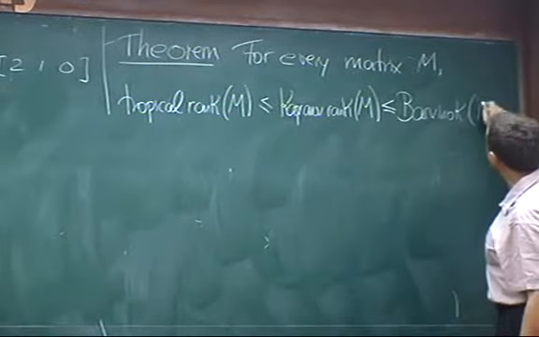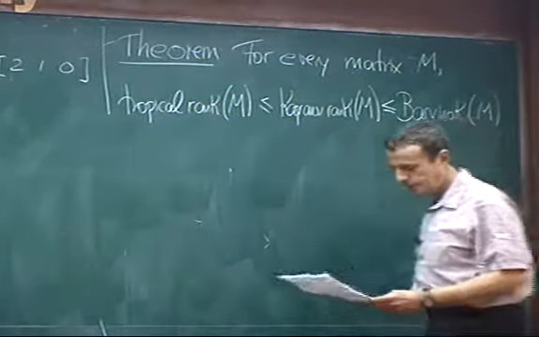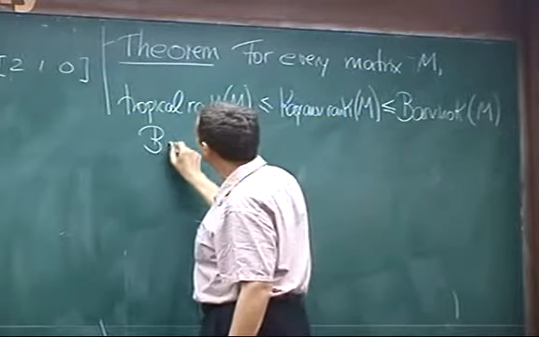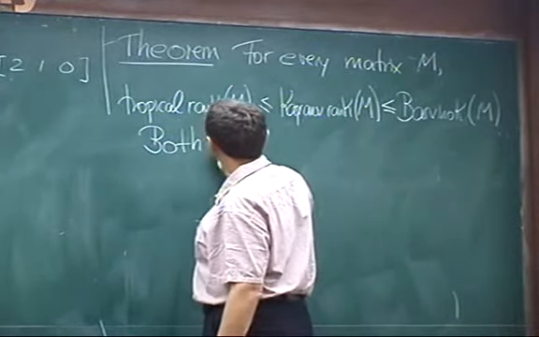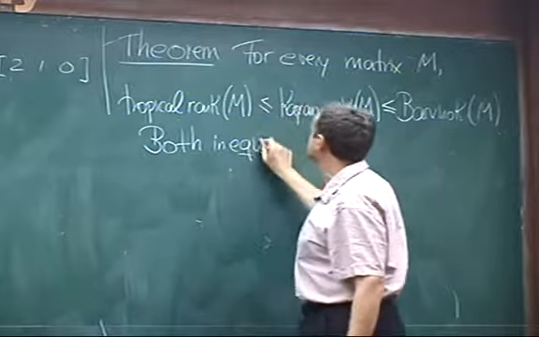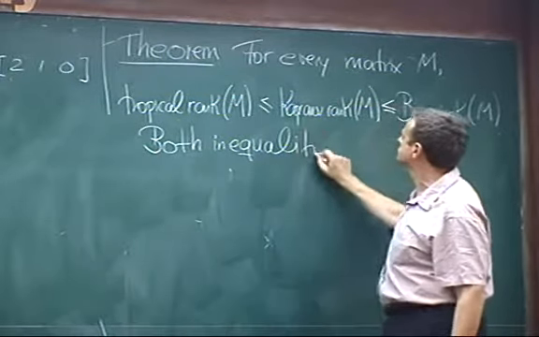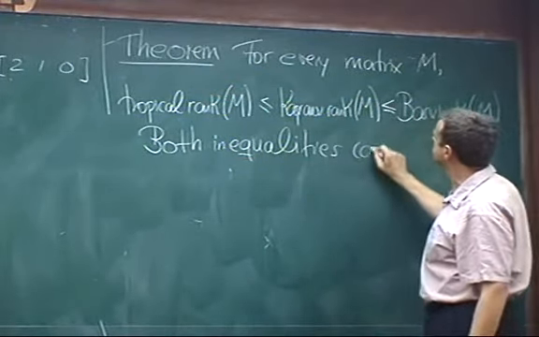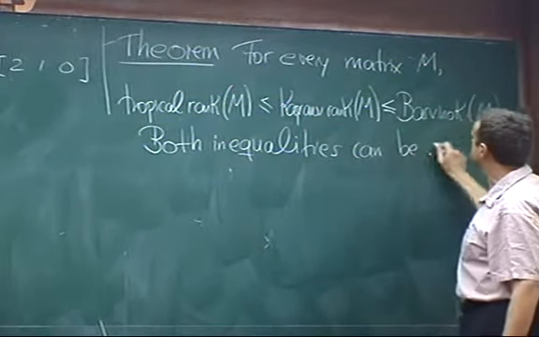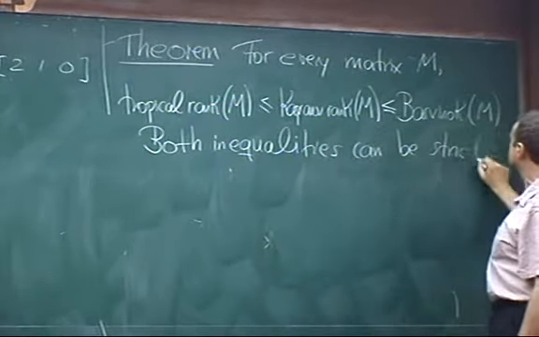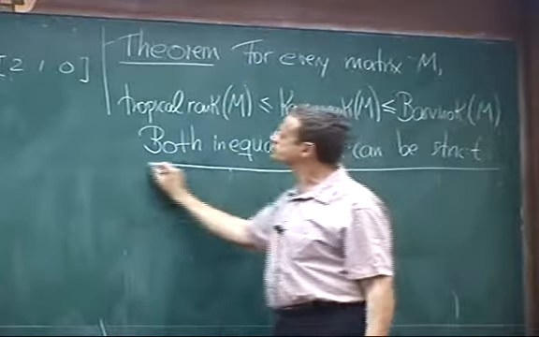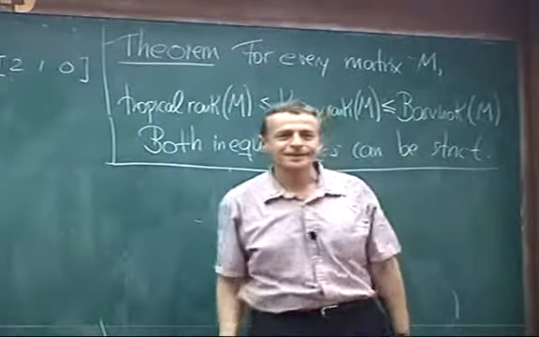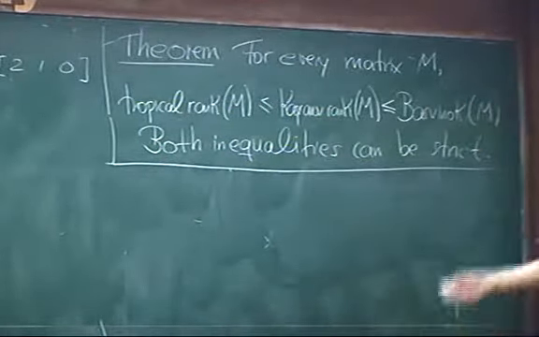Okay, so we have this chain of inequalities, and both inequalities can be strict. Okay, so that's the theorem, and I'm going to explain this theorem.